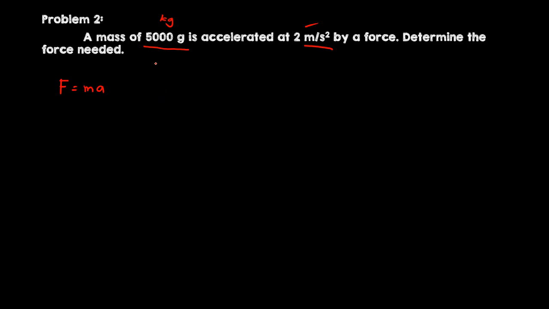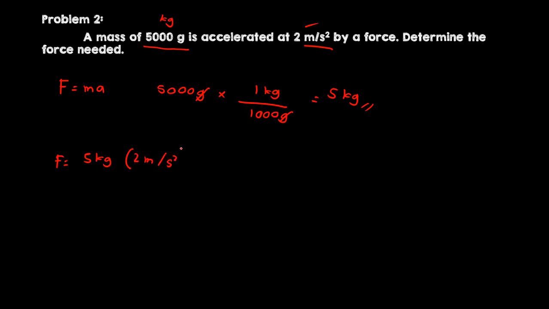Convert muna natin. So, 500 grams times 1 kilogram over 1,000 grams. So, simple. Equals to 0.5 kilograms. So, F equals to ma. F is equals to mass of 0.5 kilogram multiplied by 2 meter per second squared.